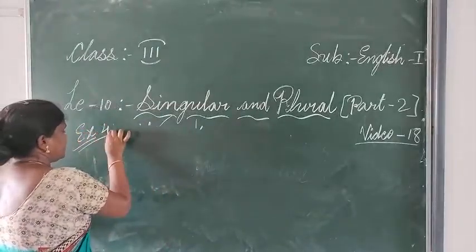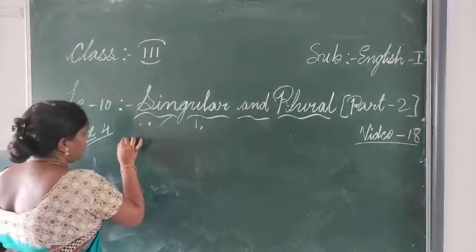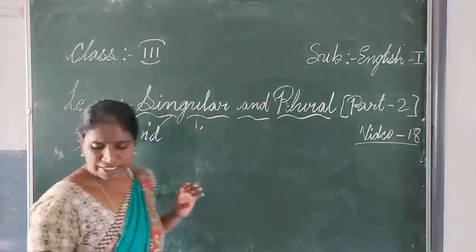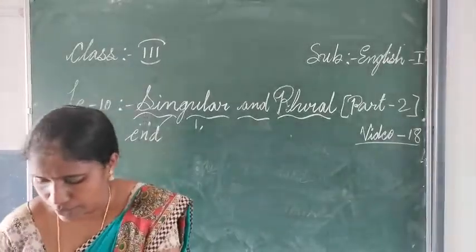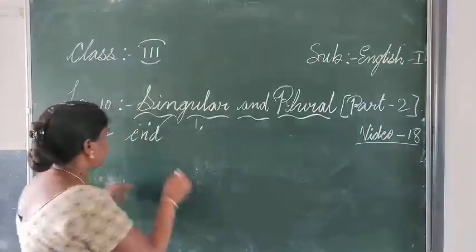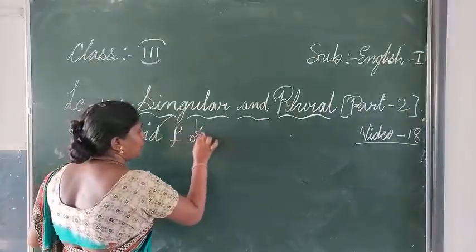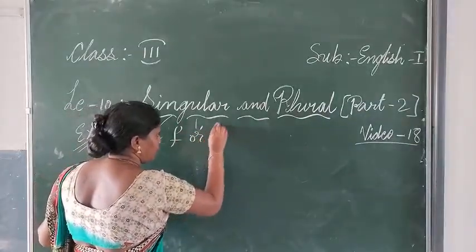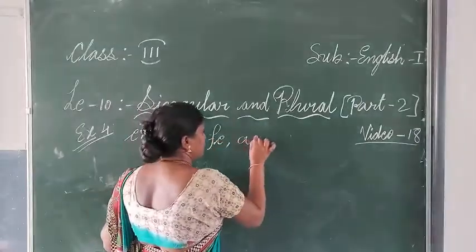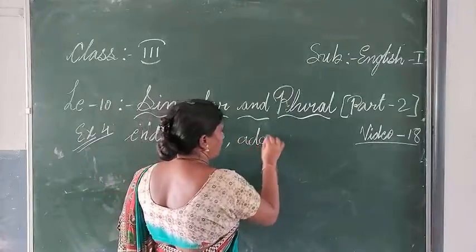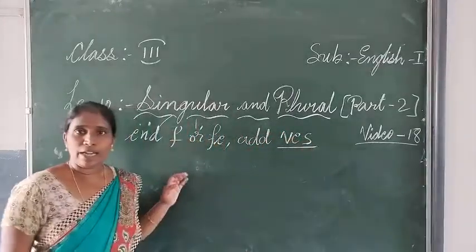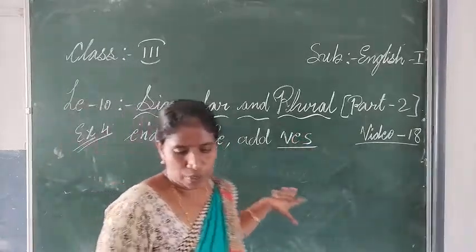What they are telling in exercise number 4: if the word is ending with the letter F or FE, what we have to add in the place of F or FE is VES. VES we have to add.